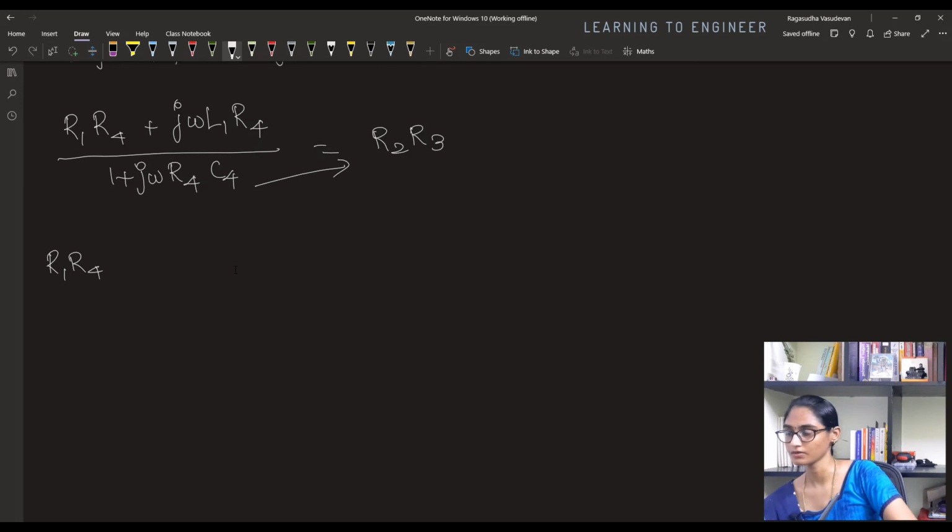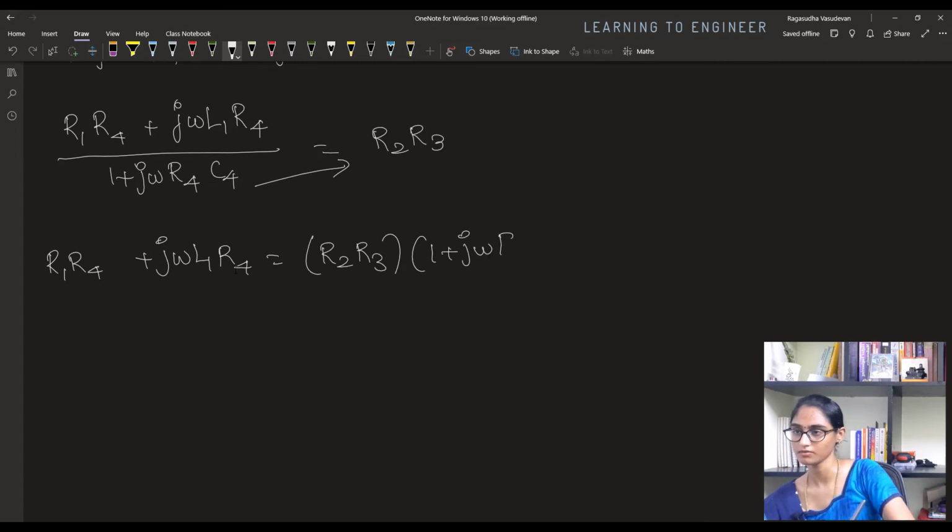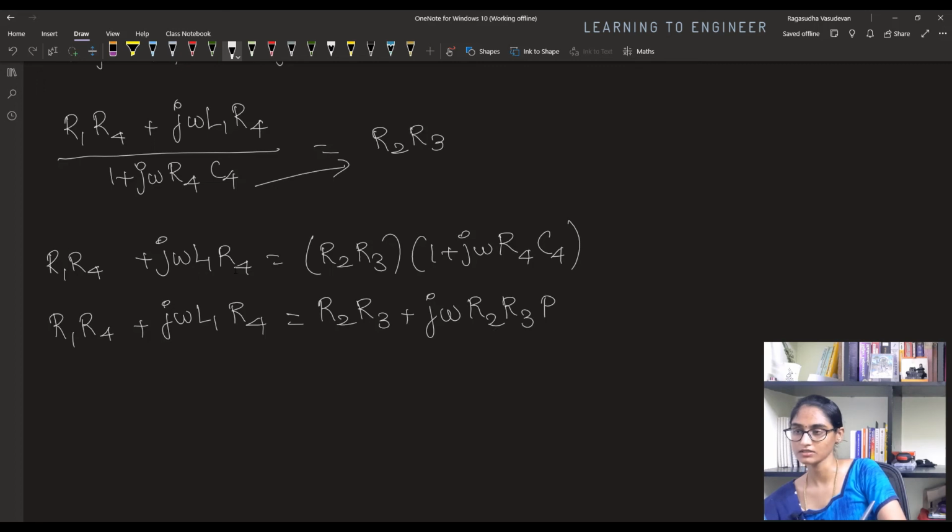So R1 R4 plus j omega L1 R4 is equal to R2 R3 multiplied by 1 plus j omega R4 C4. So R1 R4 plus j omega L1 R4 is equal to R2 R3 plus j omega R2 R3 R4 C4. So we have this real term and this imaginary term.